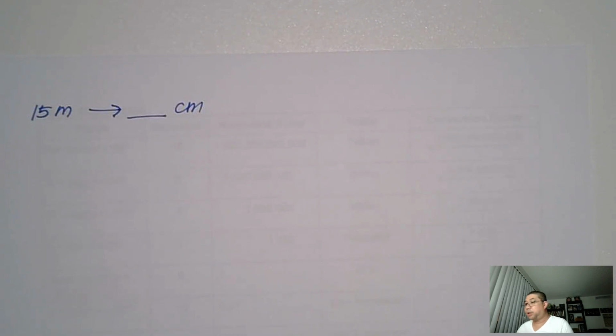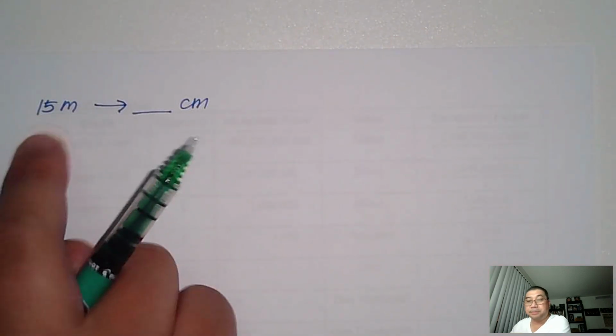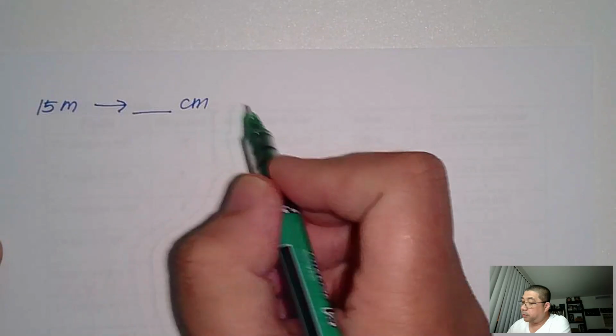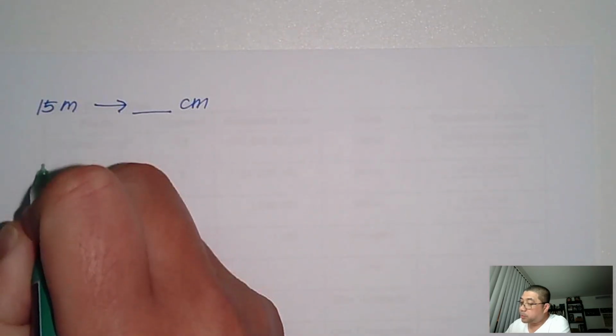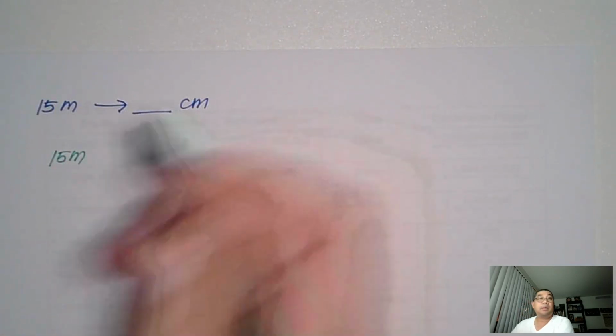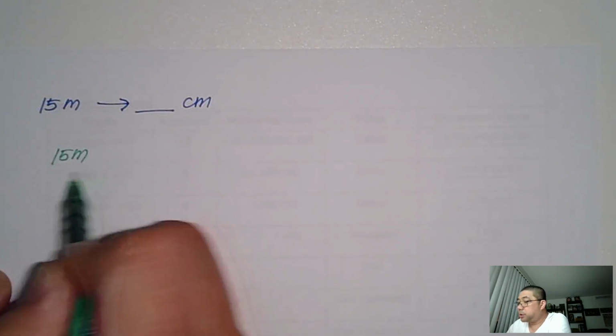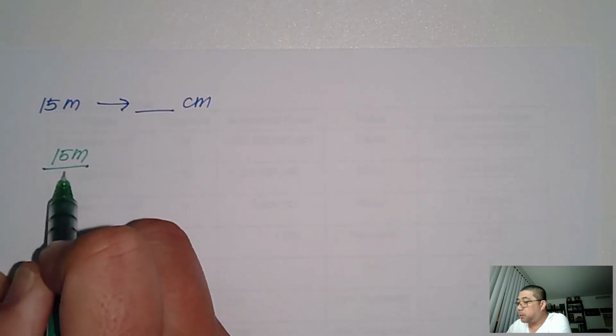Step number 1 is to make sure you copy the given information, that is 15 meters, followed by changing it into a fraction format, but it does not change its value. So this is your magnitude, this is your unit, and you divide it by 1.